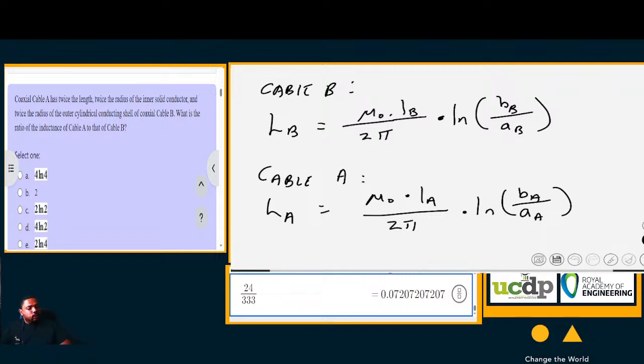Okay, this formula relates the inductance to the length and the radii of this cable, the inner and outer radii of these cables.